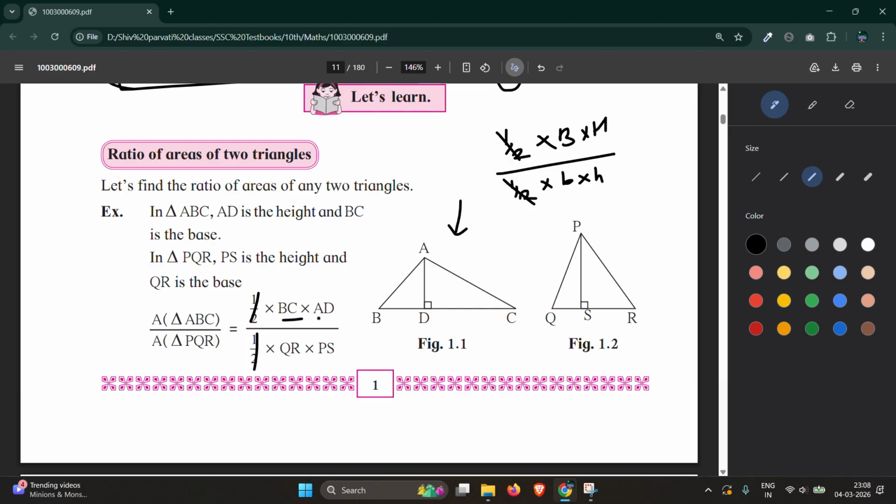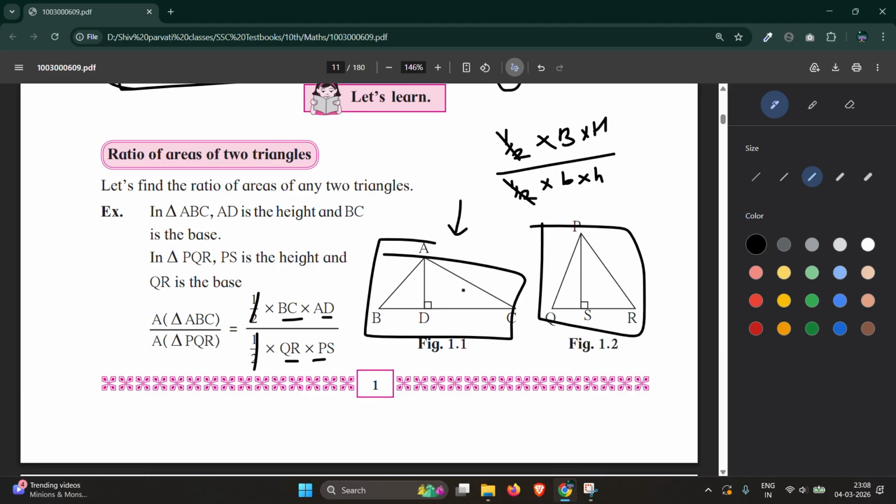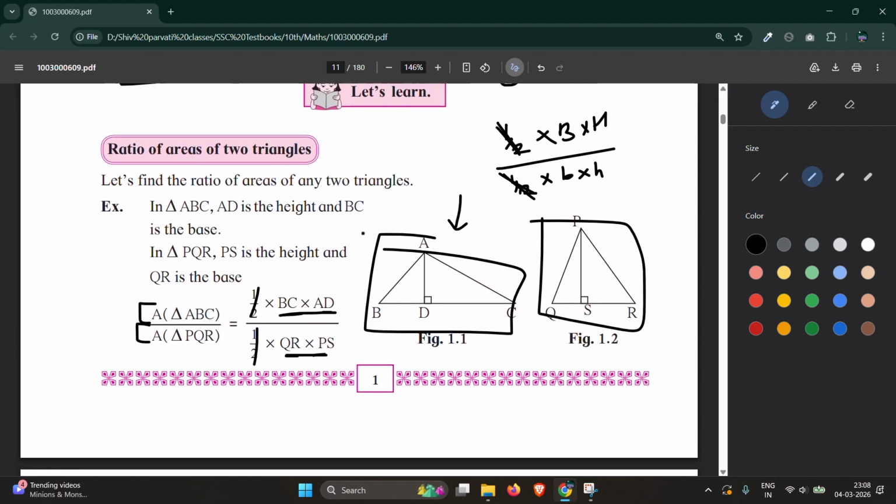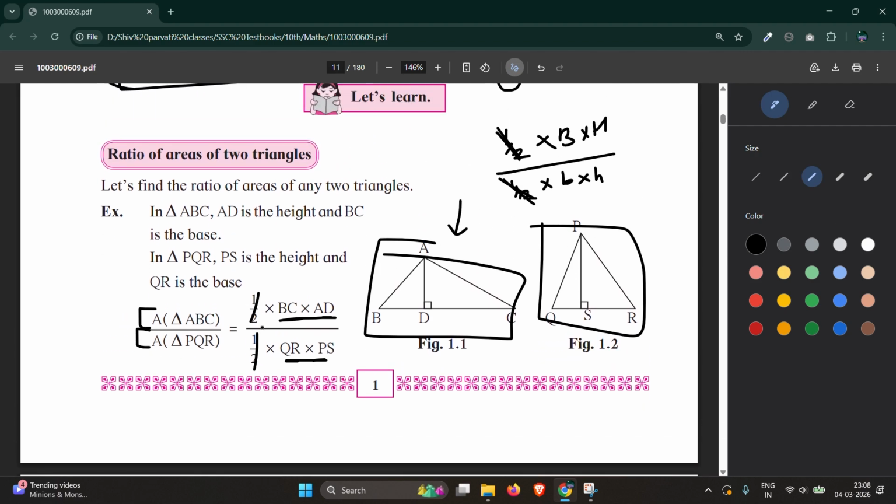From the example of these two triangles, we can say that the ratio of their areas is always just the ratio of the base into height to the base into height. This isn't much of a derivation, it's just that the halves get cancelled because it's in both the numerator and the denominator. But since we use this directly in a lot of proofs, you just have to keep this in mind.